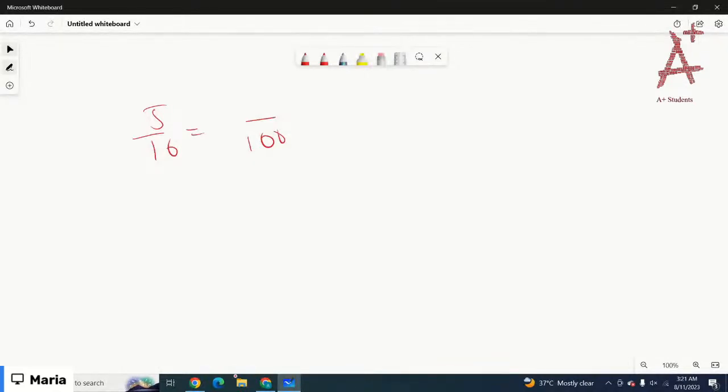So you can see here, 10 times what number is 100? 10 times 10 is 100, right? So you have to multiply this fraction by 10. Fraction means both numerator and denominator, right? So 10 times 5 is 50 over 100. So the equivalent fraction is 50 over 100, right?